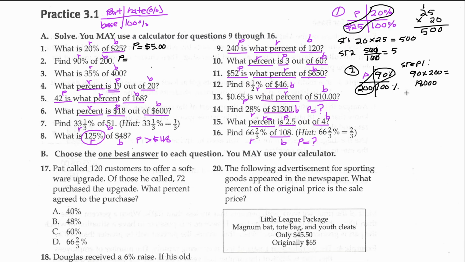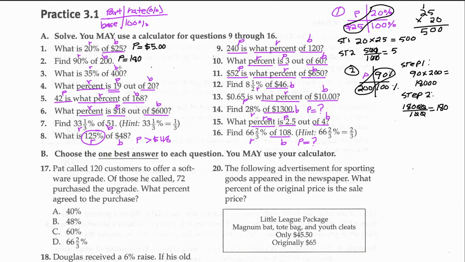And for step 2, we are going to divide 18,000 by 100. So now let's cancel out this 0 with that 0, this 0 with that 0, and what we have left is 180. So that is going to be our answer. Put 180 where the P is.